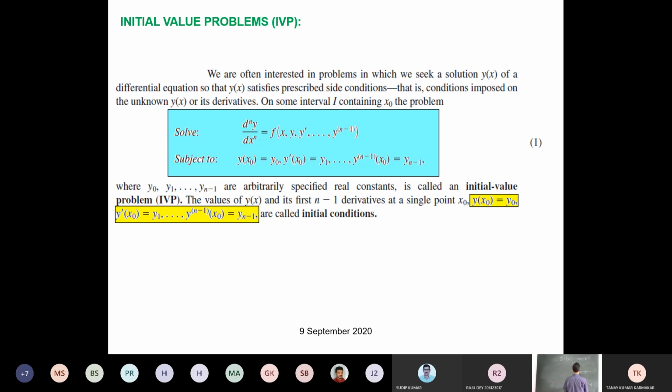Then I am seeking a solution curve on this interval AB. So this is the point x0, and if I rope in the y coordinate as well, then the y coordinate has to be y0.